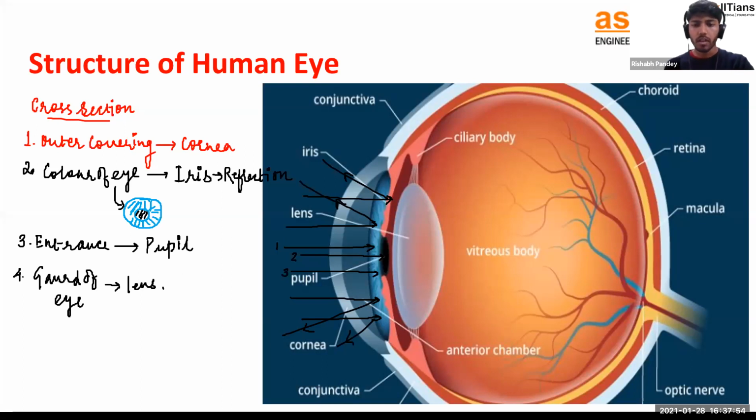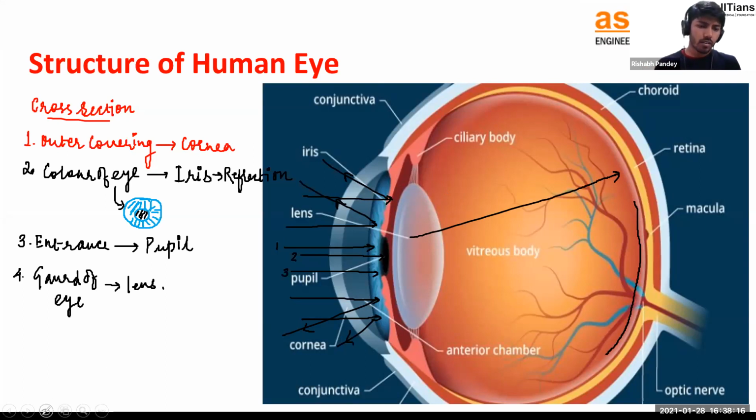Why are they important? Because these light rays need to be formed over here, on the retina, which is the place where the image is formed. Now, if a light ray enters and goes like this, will it be of any help? No, because this light ray will go to waste.